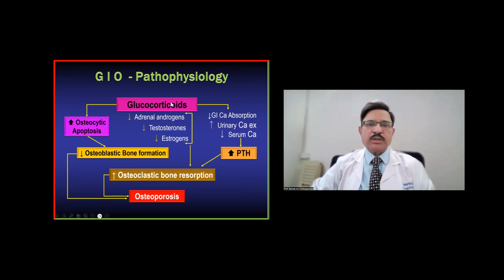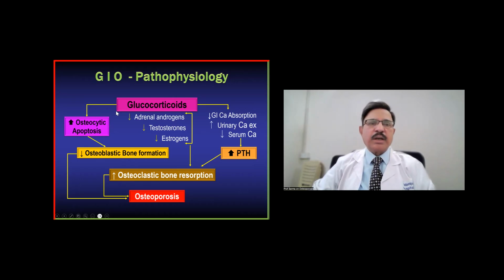The glucocorticoids act in two ways. One, they decrease the GI absorption of calcium, increase the urinary calcium, and decrease the serum calcium. As a result, the low serum calcium stimulates parathyroid hormone. Stimulated parathyroid hormone is a bone resorbing hormone. Osteoclastic activity occurs here, and then also through osteocytic apoptosis.